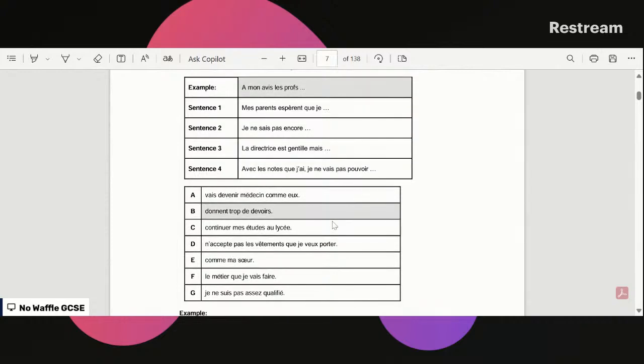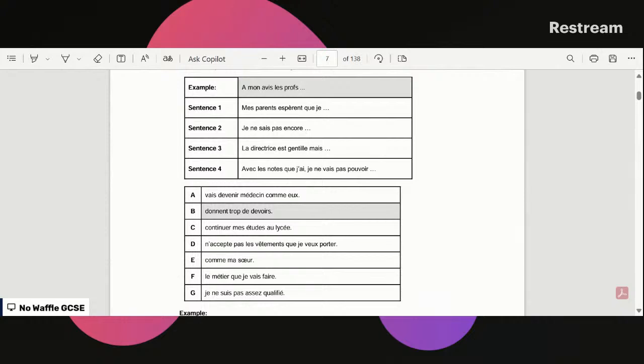So let's now match up the other sentences. Hopefully you can do this in your own time. So, mes parents espéraient que je vais devenir médecin comme eux, my parents wish me to go into medicine like them.